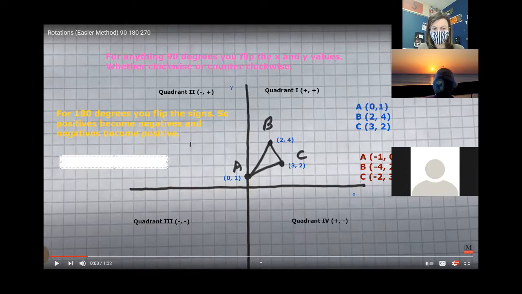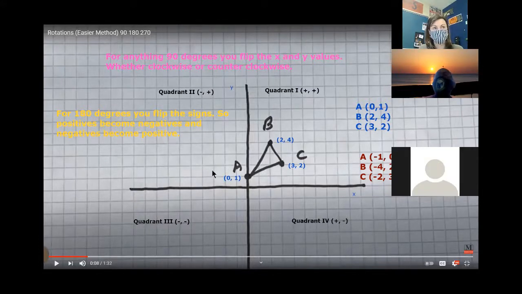So if I go 270 degrees, actually I've got to go back to the mouse so you can see the mouse. If I go 270 degrees, that goes here is 90, here's 180, here is 270. I'm lazy. Do I want to walk all the way that way? What's another way I can get here?